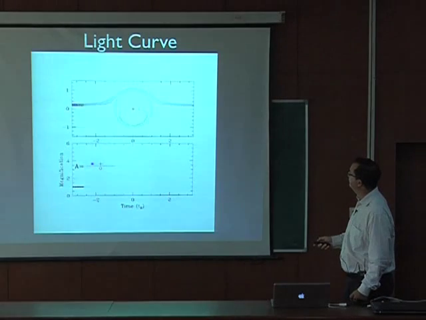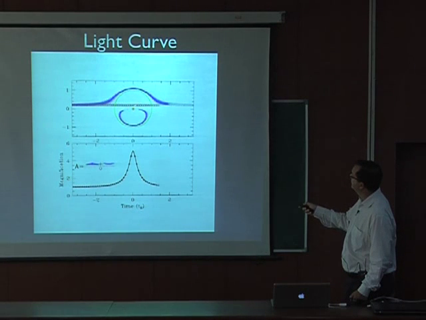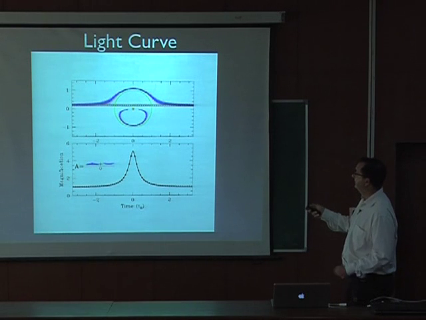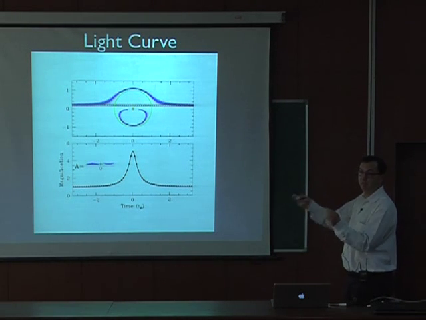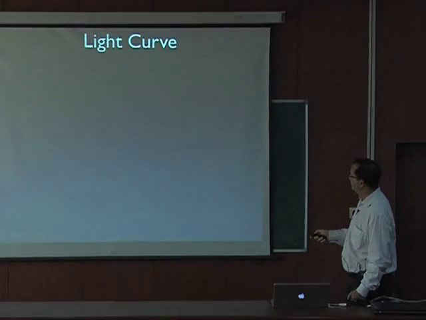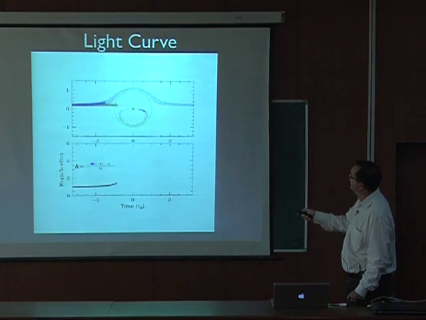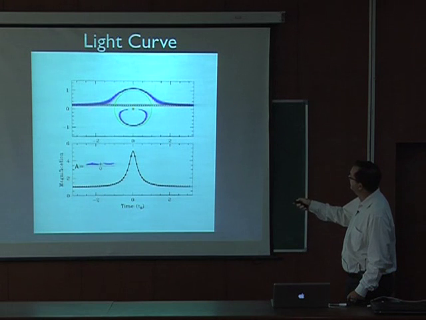What is shown above is the position. So this is the position of the lens. So we go to a frame where the lens is at rest, and then we move the star relative to it. Of course, in practice, it's the other way around. And what is shown, if I can show it again, is the two images that one sees.